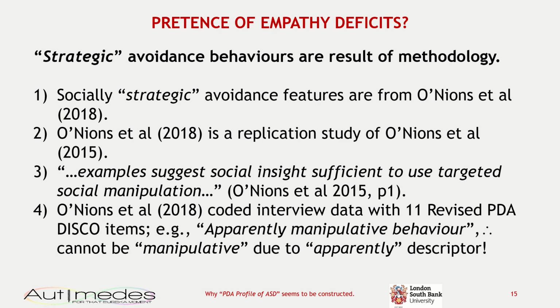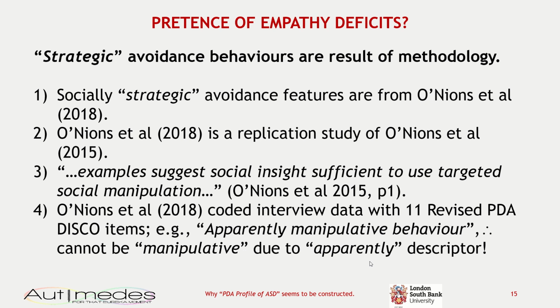As I said previously, it's because the second study coded their interview data with these 11 revised PDA DISCO items. It matters because there's one item in these 11 items called apparently manipulative behaviour. Avoidance behaviour cannot be manipulative if you've got an apparently descriptor in front of it.